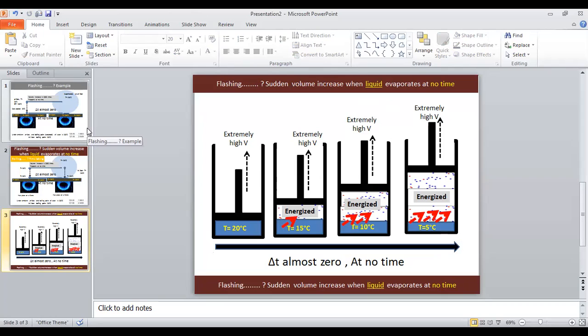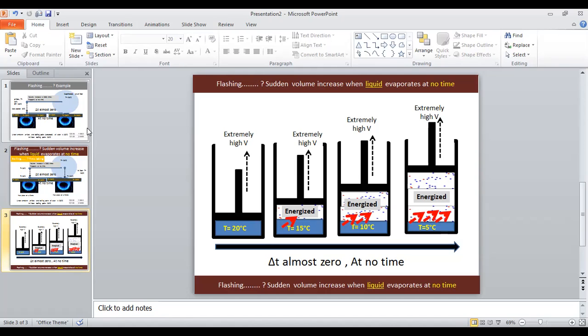If this liquid is mercury, it may be different. The heavier molecules, bondage may be more, and it won't evaporate. But why does this evaporate?